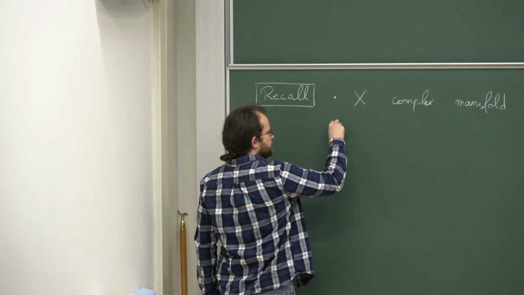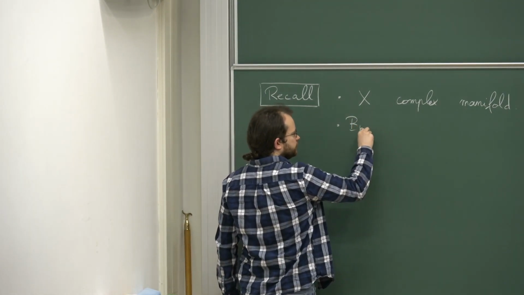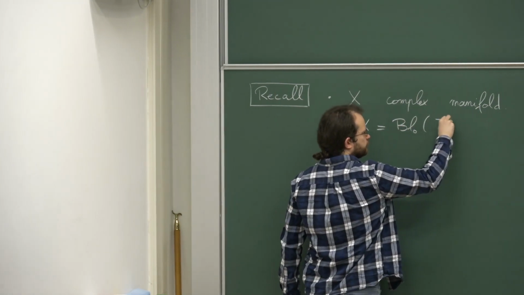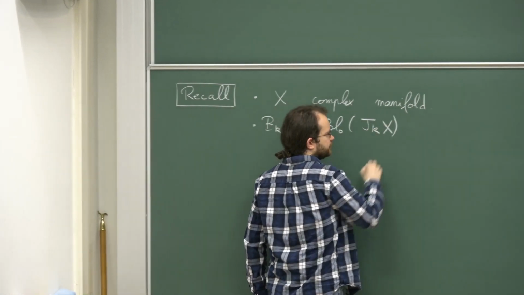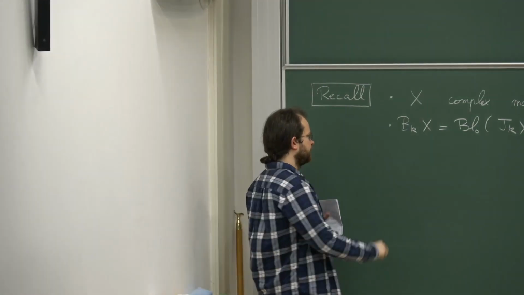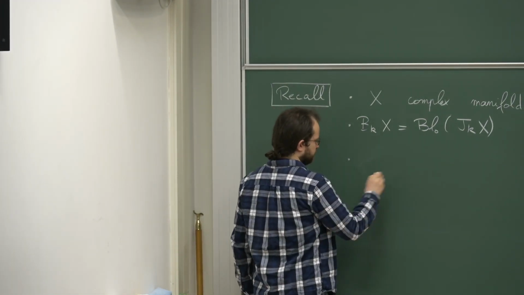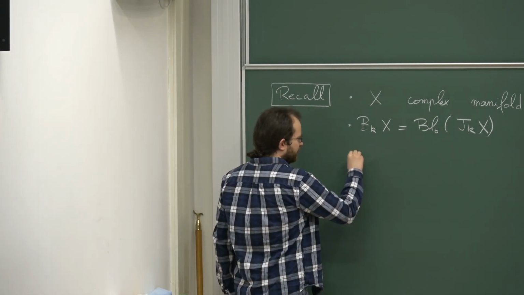So there is this space I called BK, which is the blowing up of the K-jet space at the zero section. And in that space, you had, well, two or three things.